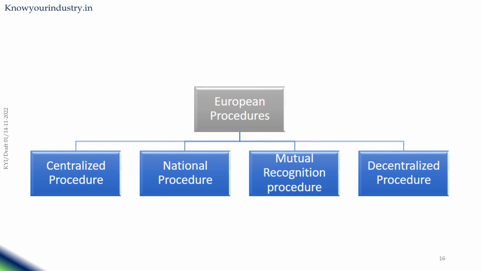Last is decentralized procedure. Using this procedure, companies may apply for authorization simultaneously in more than one EU country for products that have not yet been authorized in any EU country and essentially do not fall within the centralized procedures essential drug list.